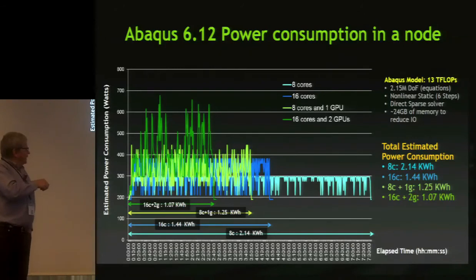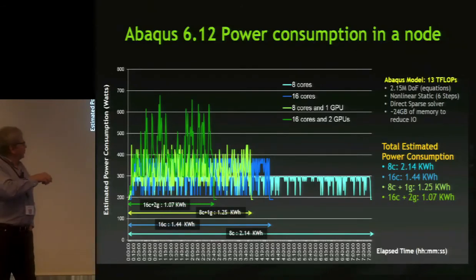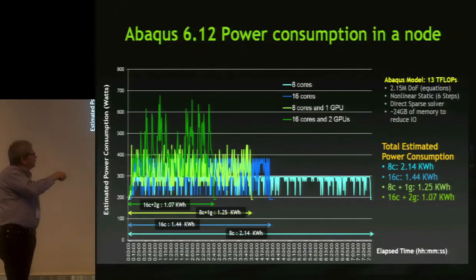With 8 cores, it's a long runtime, and you need 2.14 kilowatt hours. With 16 cores, you need around half of that, with 1.44 kilowatt hours.